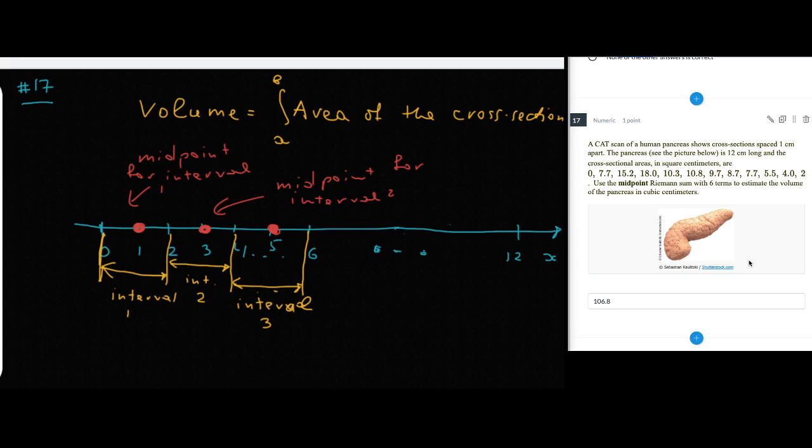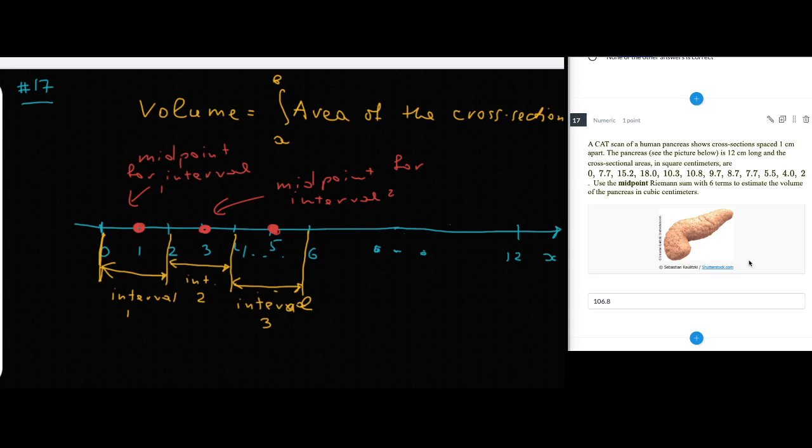Then we need to skip one number to go to the area of the cross section at x equals 3. That's going to be 18.0. And so you can see the pattern now. We are actually going to look at our list of numbers, and we're going to select 6 of those numbers, skipping over one number in our list each time we go to the next one.